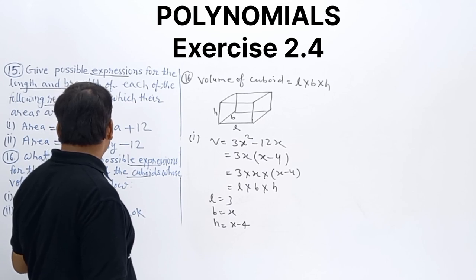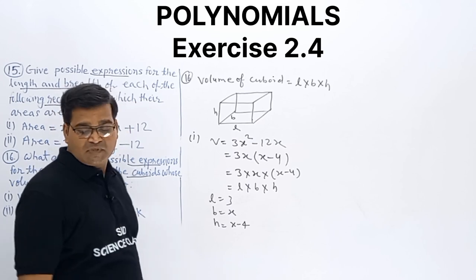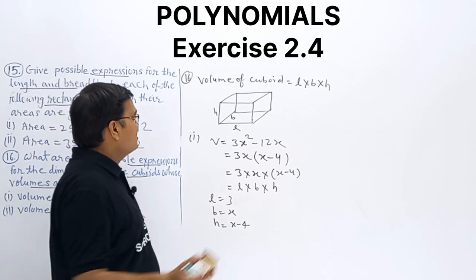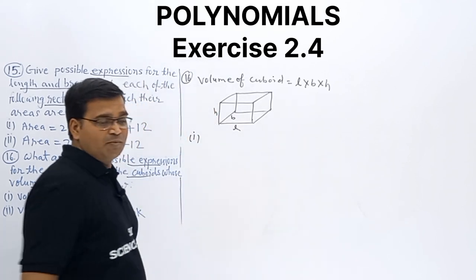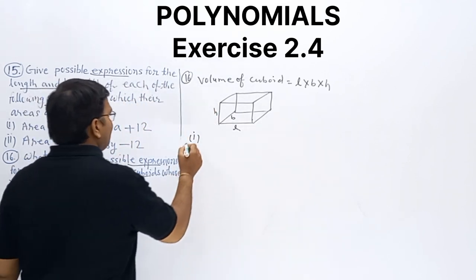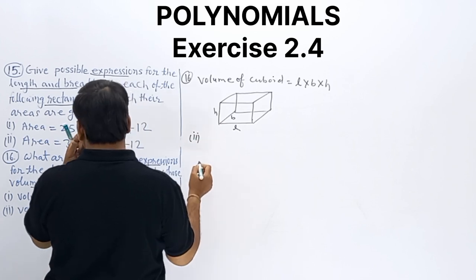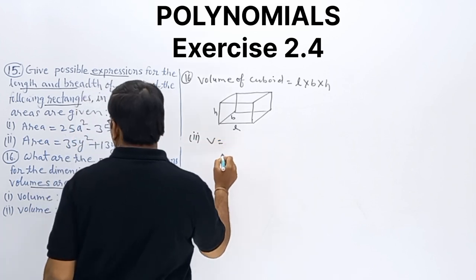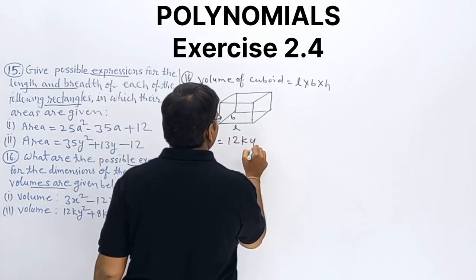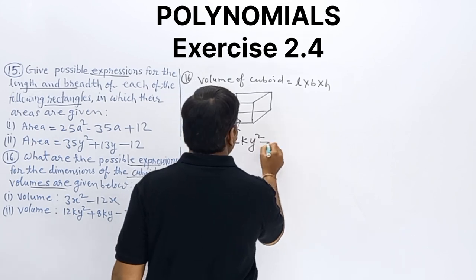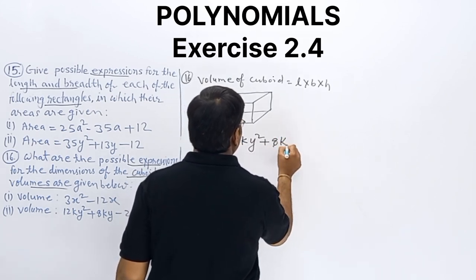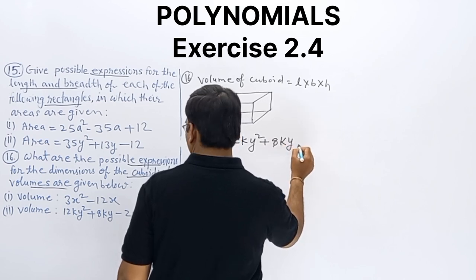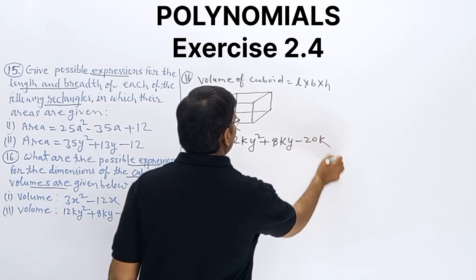We are having the volume. Now I am taking the second one. What are its expressions? I am writing the second one. Volume equal to 12ky square plus 8ky minus 20k.